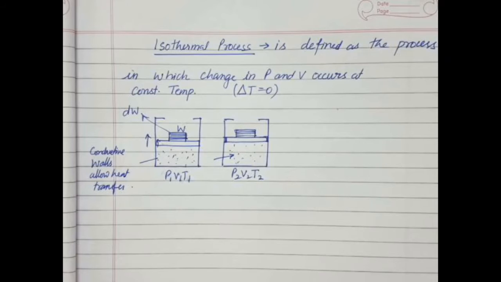Now imagine we have removed the weight, and while doing so the piston will move upward and pressure will reduce. So in this process the temperature may lower, but we need to keep the temperature constant, so the heat must be supplied during this process. So the process should be carried out very slowly, so that during each step the temperature remains constant.